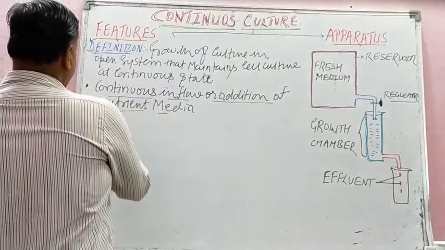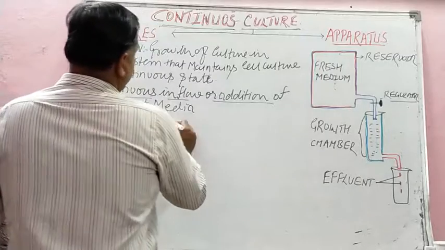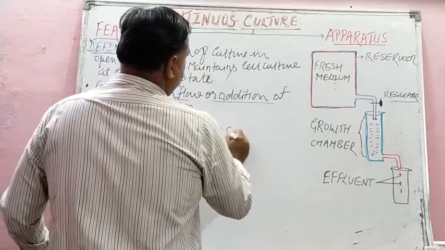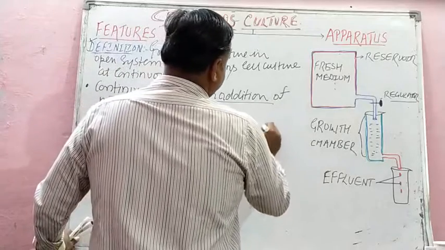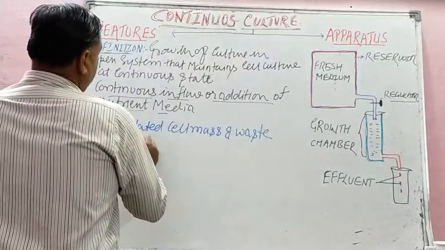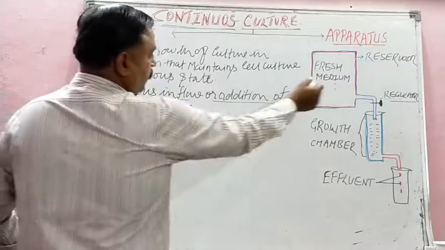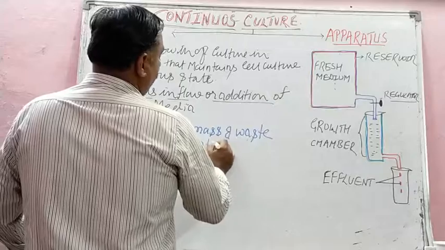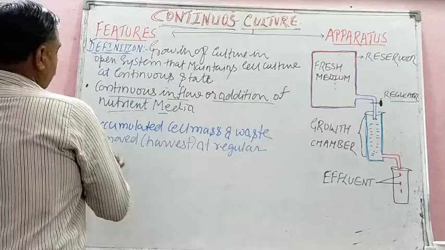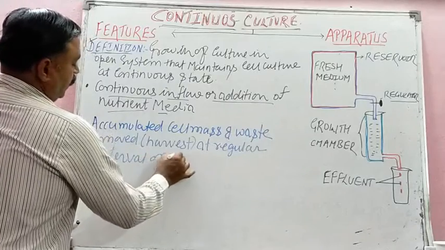So here the third point will be: accumulated cell mass and waste removed or harvested in between, at regular intervals of time, isn't it?